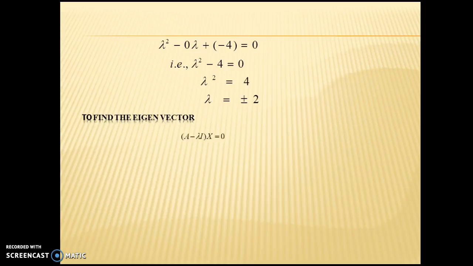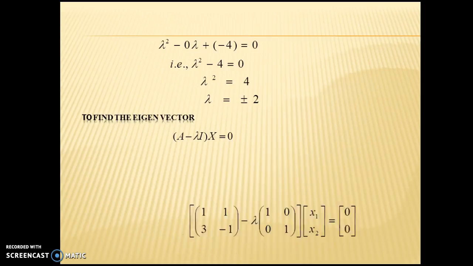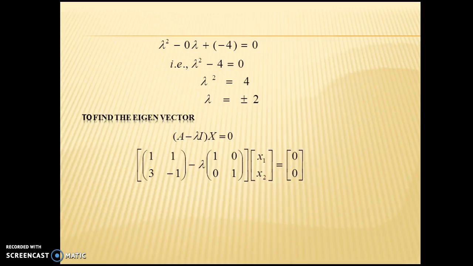We have two eigenvalues. So, we find the eigenvector corresponding to each eigenvalue. We know capital A minus lambda I into X equal to 0.